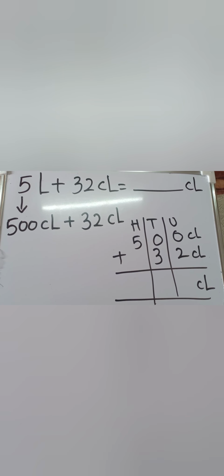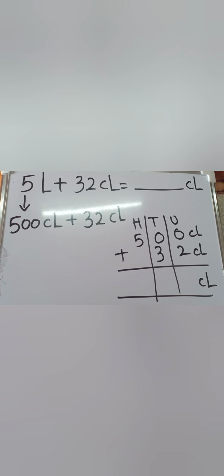If we have 5 liters plus 32 centiliters, how are we going to work it out? We have to turn the 5 liters into centiliters. Let us do it together. So 5 liters is equal to 500 centiliters. Then we have to add 32 centiliters.